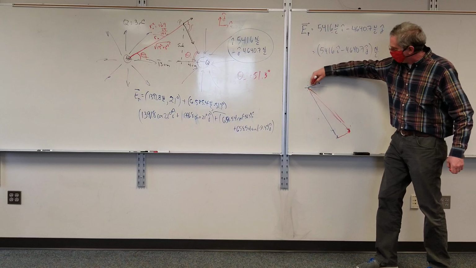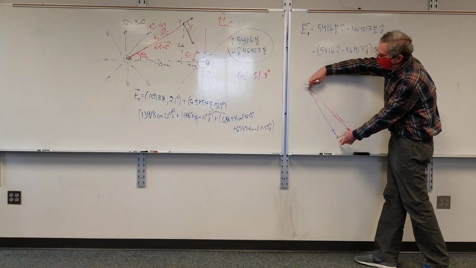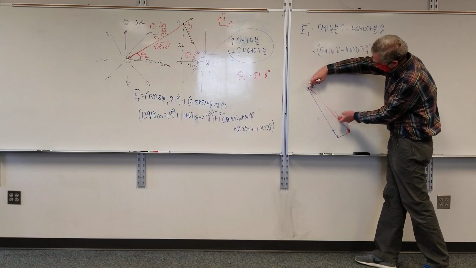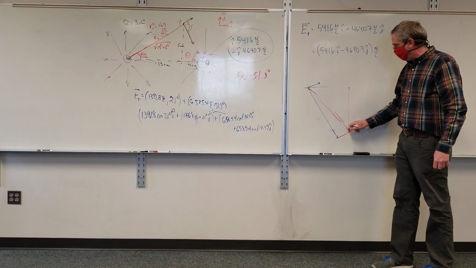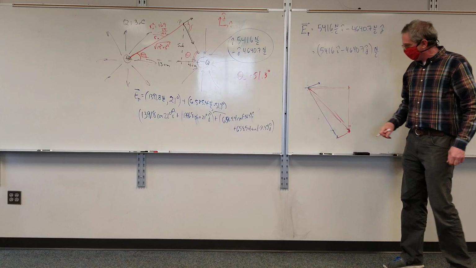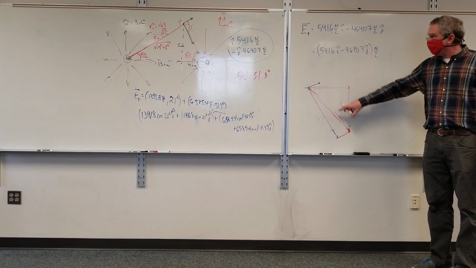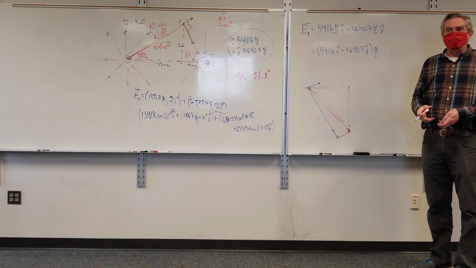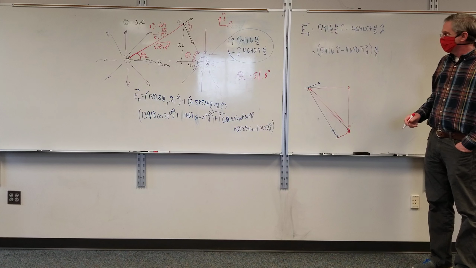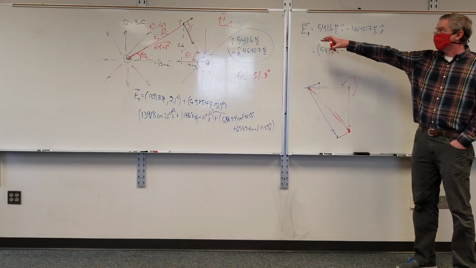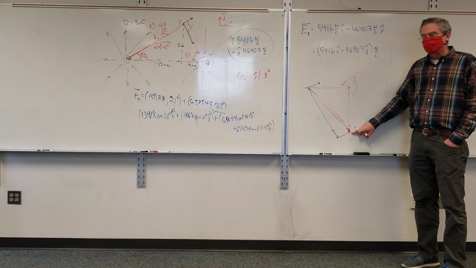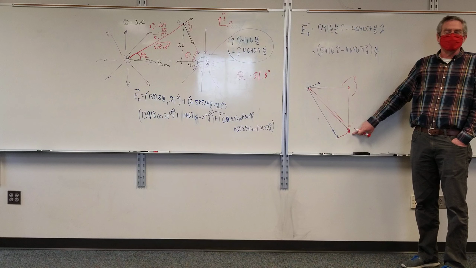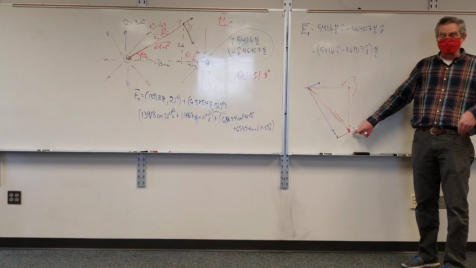Not down quite as much, but if that's roughly 6,500, 5,500 would be roughly to there, so basically going out to here, and then down not quite as far as I went out, which puts us somewhere around there. So it feels right that the answer makes some sense based on what we had already. This method right here is straight up i hat j hat addition, and this one right here is, in essence, the way you would set it up if you were using law of sines, law of cosines, for those fans.